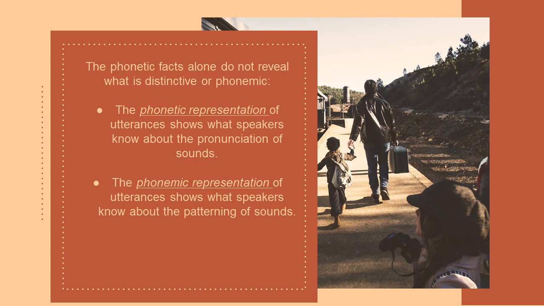The phonetic facts alone do not reveal what is distinctive or phonemic. The phonetic representation of utterances shows what speakers know about the pronunciation of sounds. The phonemic representation of utterances shows what speakers know about the patterning of sounds.